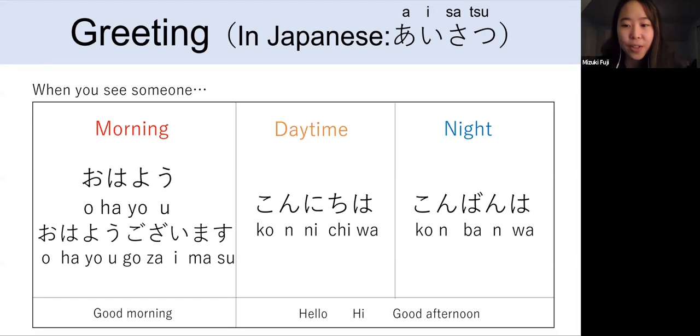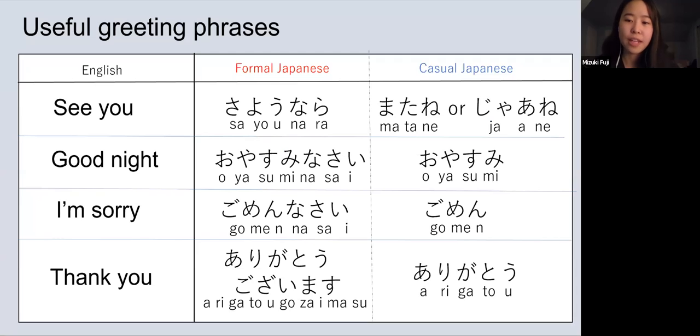Ohayo is casual and ohayo gozaimasu is formal. We use them depending on who we see or the situation. Konnichiwa and konbanwa are formal rather than casual. These are used for greeting phrases. The right one is formal Japanese and the left one is casual Japanese.